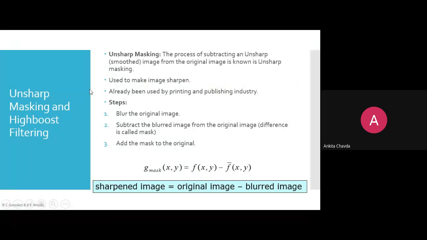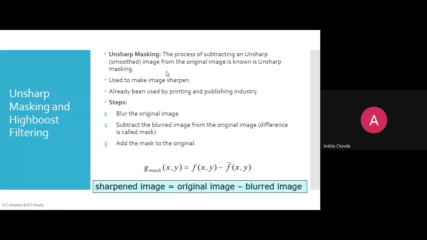Now, in unsharp masking and high boost filtering, what we are doing is this: the process of subtracting an unsharp, meaning smooth, image from the original image is known as unsharp masking.